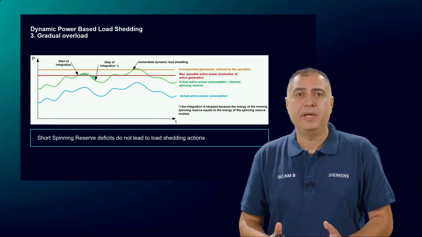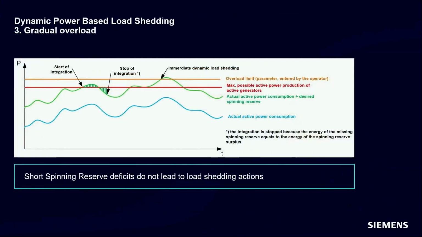Now we are coming to a sophisticated function that is called gradual overload. For a certain time, classic generators can be overloaded before they become too hot and trip. To consider this possibility, our solution provides the so-called gradual overload function in the controller.